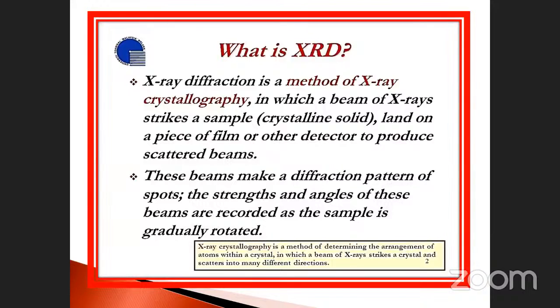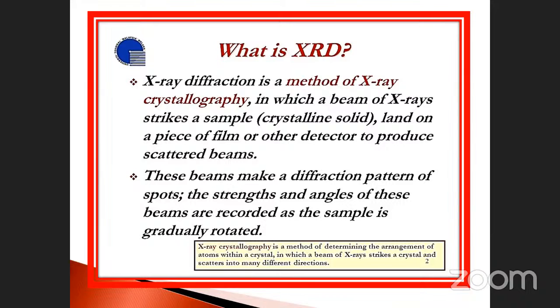See that X-ray diffraction. X-ray diffraction is a method of X-ray crystallography, in which a beam of X-rays strikes a sample. That's why I told you, a crystalline substance or solid substance. So DNA molecules are also converted into solid substances, and land on a piece of film or other detector to produce scattered beams, just like a film.